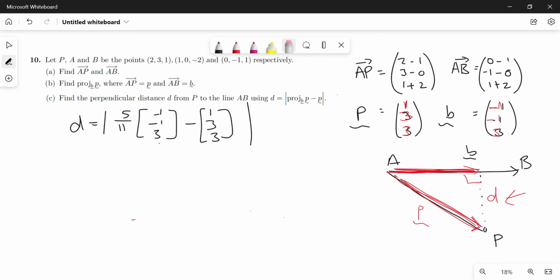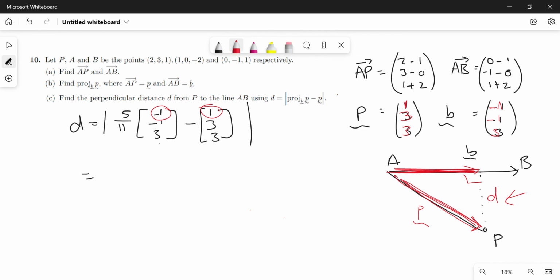So what do I get when I do that? I've got a negative 5 on 11 minus 1, so that'll be negative 16 on 11, because that's negative 5 and negative 11 on 11. I'm taking the minus 5 on 11 and subtracting the 1.